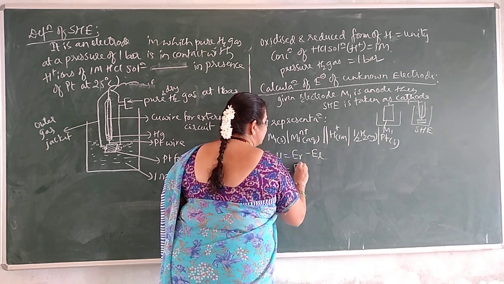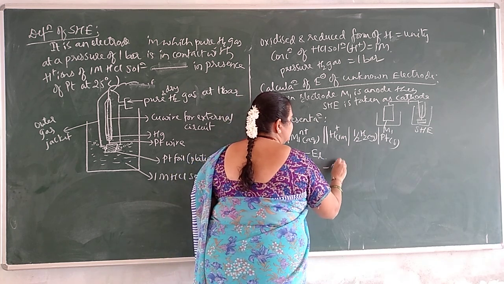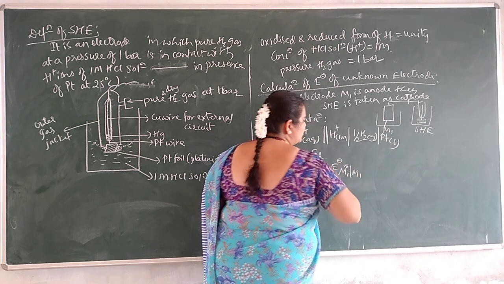E right is E° of H+ | H2 minus E° of M1 | M1^n+.